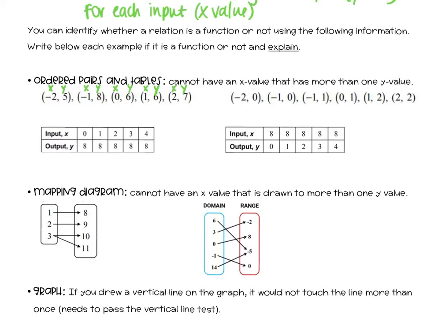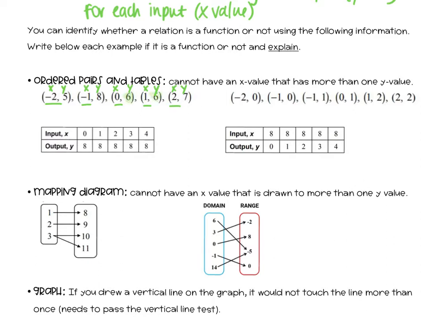So first I'm going to look and see: -2, -1, 0, 1, 2. So my x's do not repeat, okay? So they can't have more than one y value then. You may notice here that the y actually does repeat.